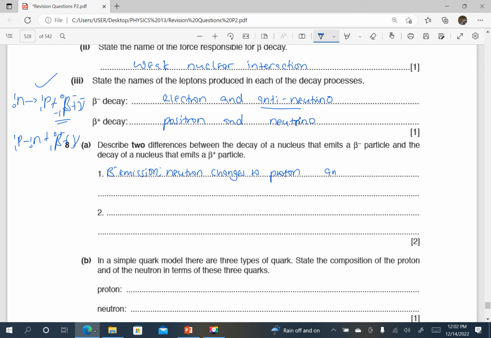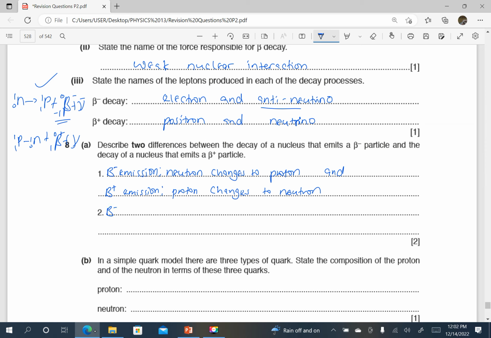And for beta plus emission, a proton changes to a neutron. So that's one difference. Difference number 2: for beta minus, we have seen it is accompanied by an antineutrino, and for beta plus, it is accompanied by a neutrino.